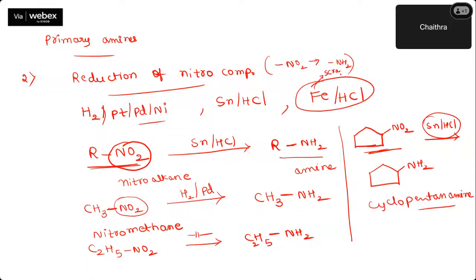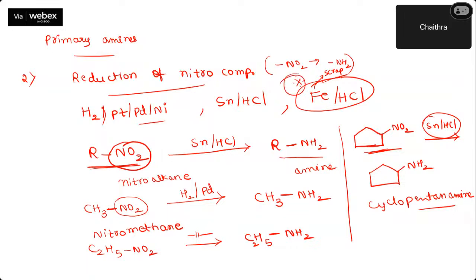Scrap iron means iron divided into turnings, like the copper turnings you would have used in tests. Scrappings of iron, you remember. Why does this work as a better reagent?